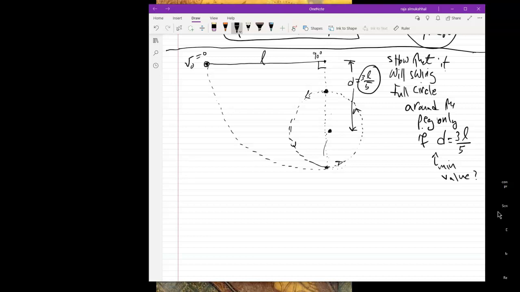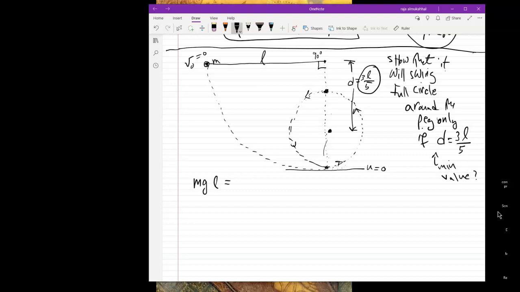We're assuming the string is massless, so we're following the mass of the bob, which we'll call m. Right here at this position, before I let go, the total energy is just mgh, and this is our datum, so U is 0. So mgL.